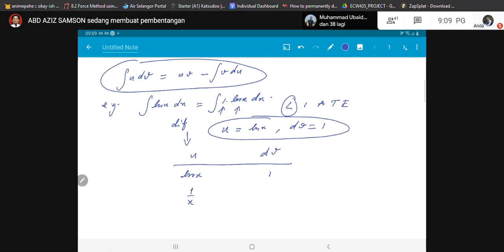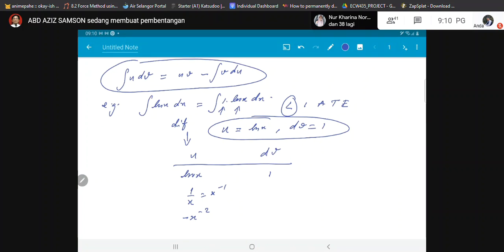Yes. Then we differentiate this, because it is x to the power minus 1. If we differentiate once again, we get minus x raised to the power minus 2, and it goes on and on.